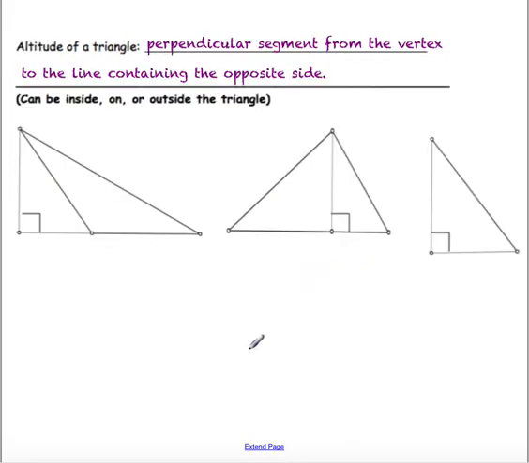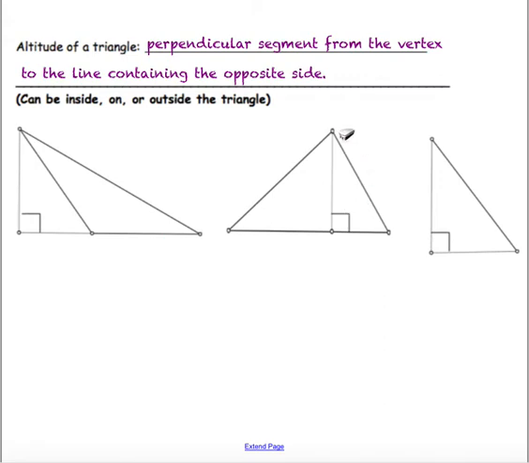An altitude of a triangle is a perpendicular segment from the vertex to the line containing the opposite side. It can be inside, outside, or on the triangle. If we have an obtuse triangle, the altitude will be outside if it's coming like this from this angle here. The altitude from this angle would just be inside of that triangle, but it can be outside of the triangle in an obtuse triangle.